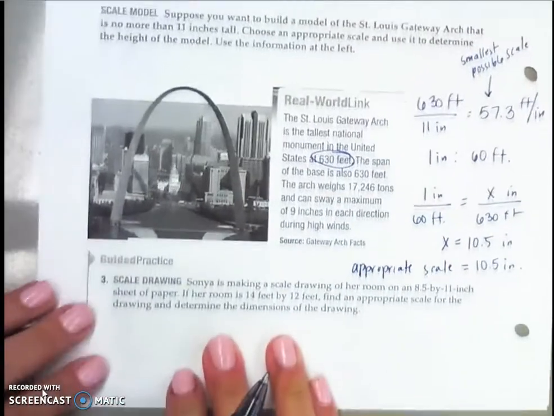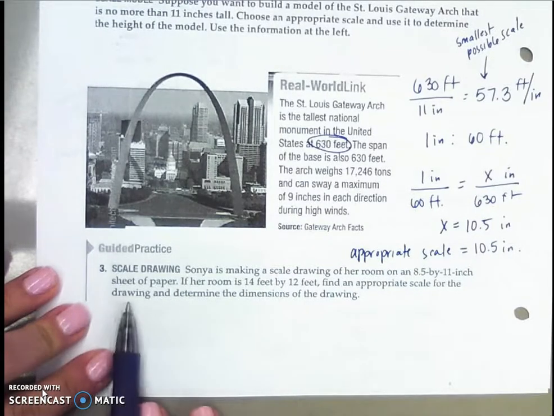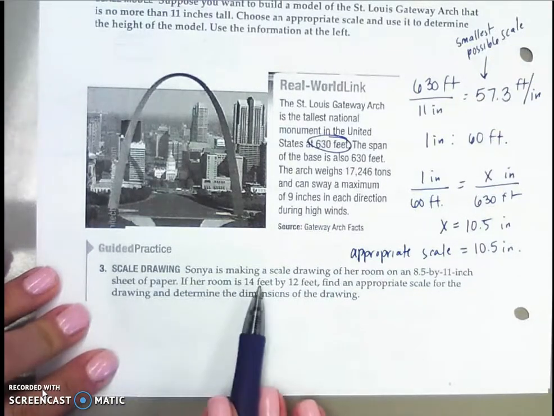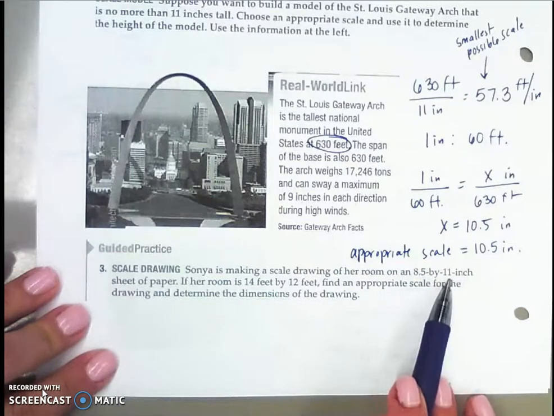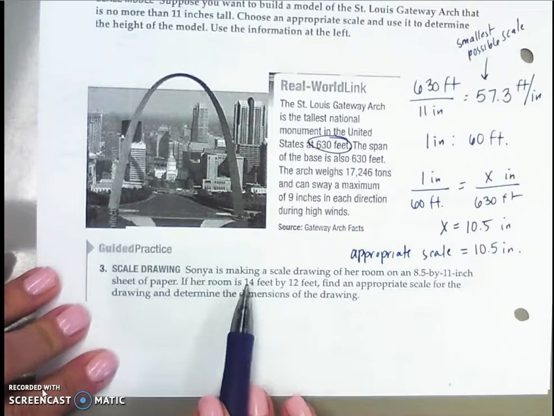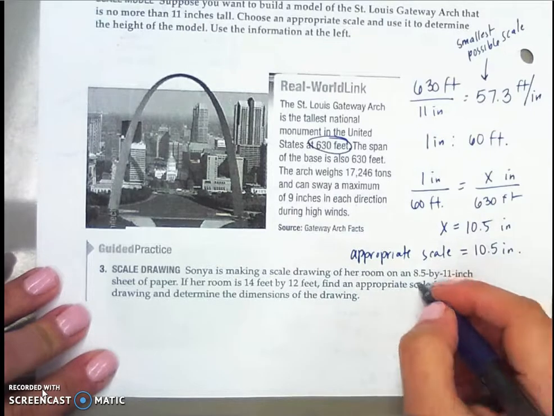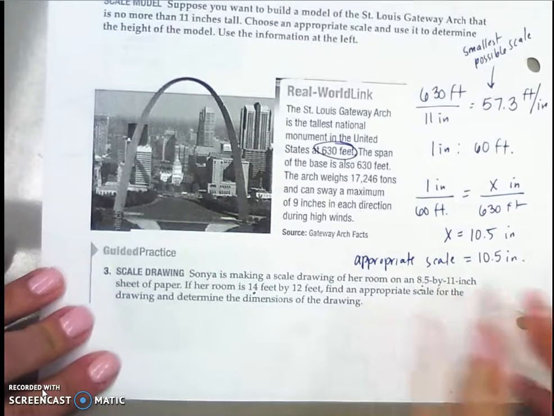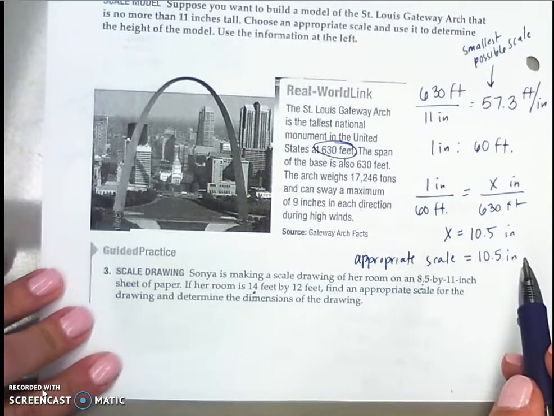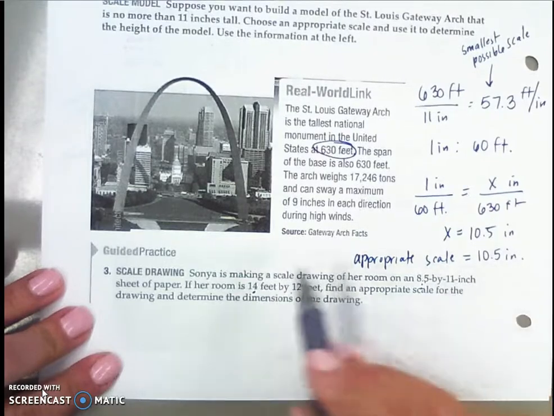Looking to the next example, we're going to do the same thing and try to find an appropriate scale. The room she wants to draw on is 8.5 by 11 inches, but her actual room is 14 feet by 12 feet. So let's take both of the corresponding parts. The 8.5 corresponds to the 14. No, I'm sorry. The smaller numbers correspond and the bigger numbers correspond.